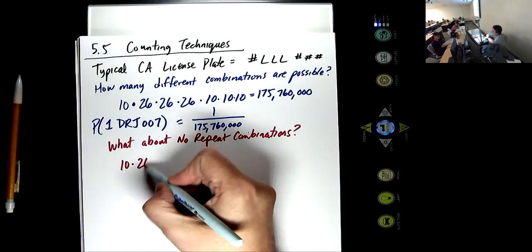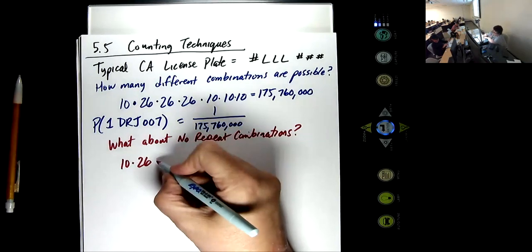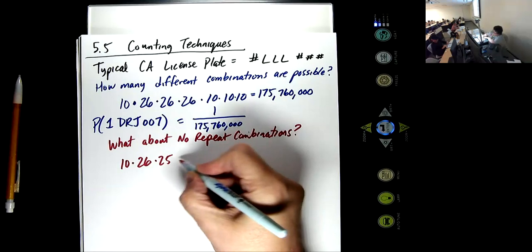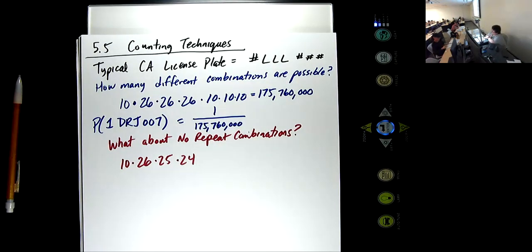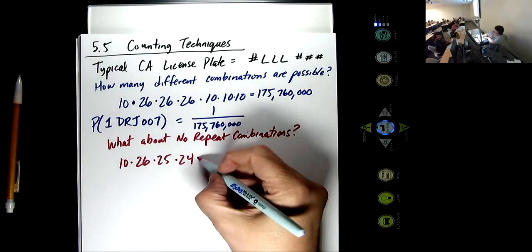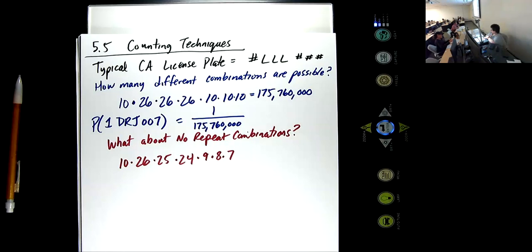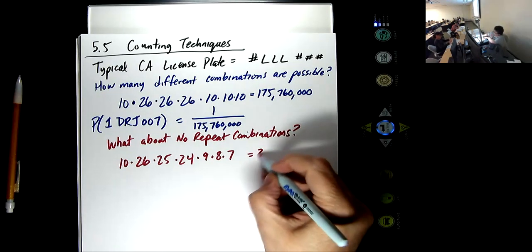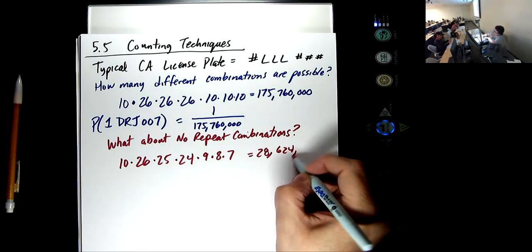The second is 26. What about the second letter? How many options do I have? 25. It decreases, right? That's going to decrease too. When I get to the numbers, the 10 will no longer be a 10, it'll be 9, then 8, and then 7. This leads to 28,624,000 combinations.